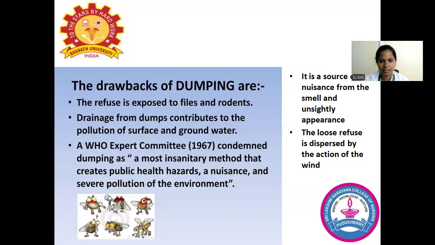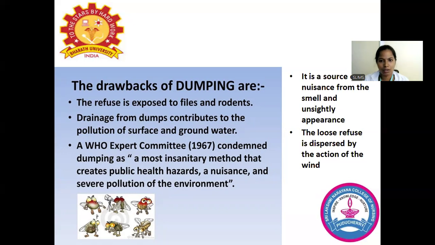But the drawbacks of dumping include that the refuse is exposed to flies and rodents. Drainage from dumps contributes to the pollution of surface water as well as groundwater. It is a source of nuisance from the smell and unsightly appearance. The loose refuse is dispersed by the action of wind.